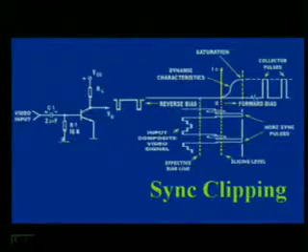Now, through this circuit, let us see how the sync is separated or clipped. Basically, this is a sync separator stage, which has one active device, a transistor, and two components, C1 and R1.